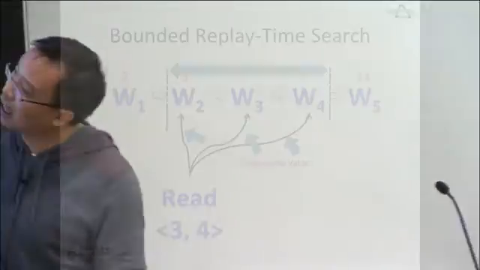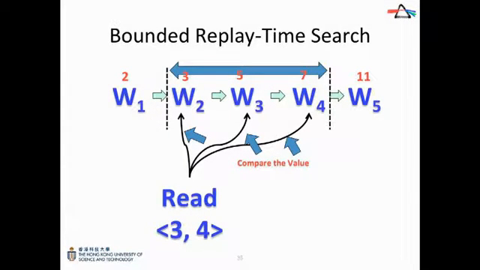This bounds our search, so that's why we're polynomial. And the rest is very simple. We scan from the bound backwards and find the match by the value, because we have the value of the read recorded.